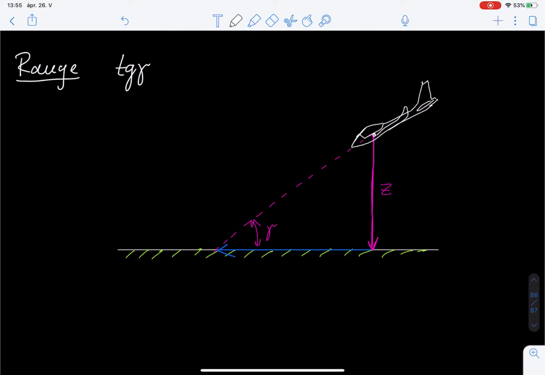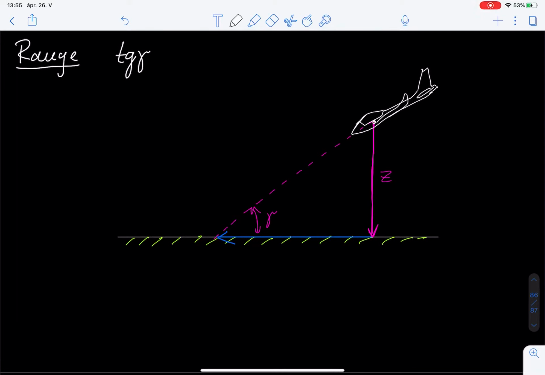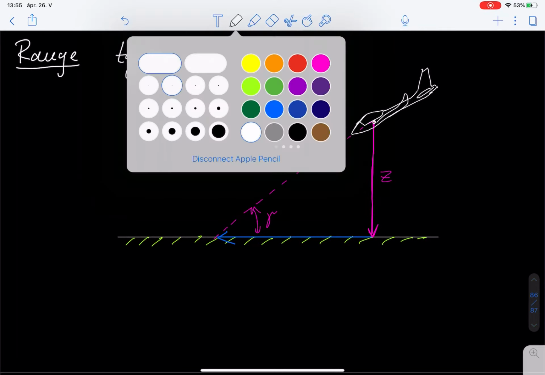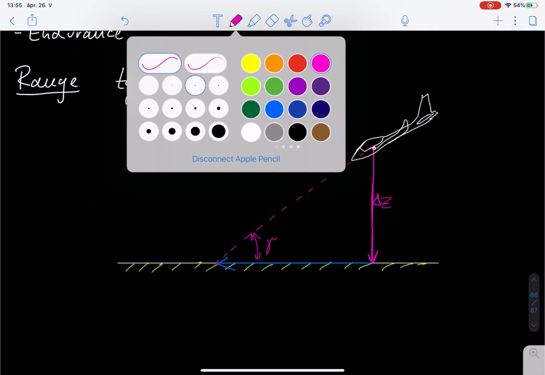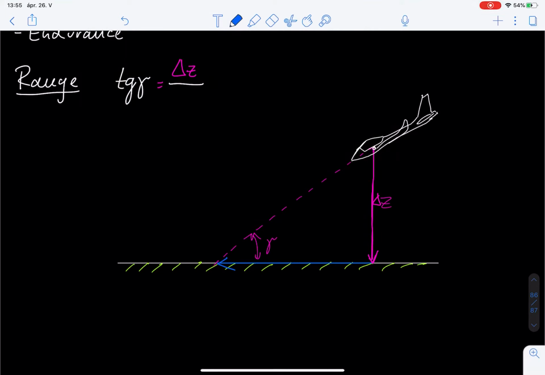And so we start from a given point, and the tangent of this gamma, as we can see, is going to be equal to, let's say this is delta Z, the vertical distance that we cover during the glide, over, let's say in this case relative to the ground, x_gnd, so the longitudinal distance covered relative to the ground.